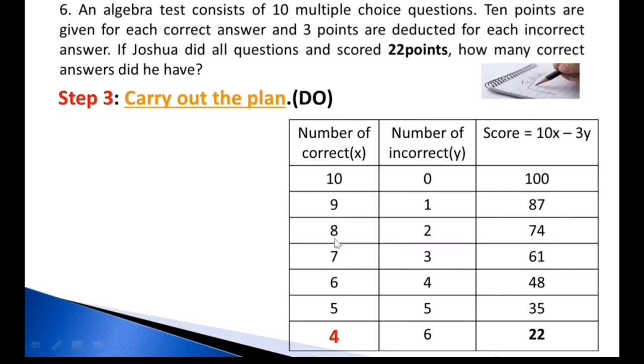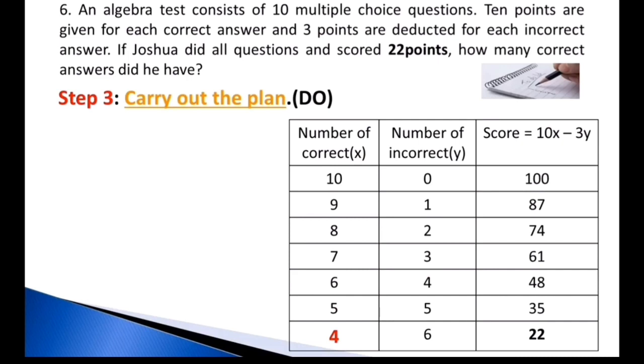The same as here, 8 times 10 is 80, minus 2 times 3 is 6, that is 80 minus 6 is 74. Okay, so do the same process as you go down on the given rows.